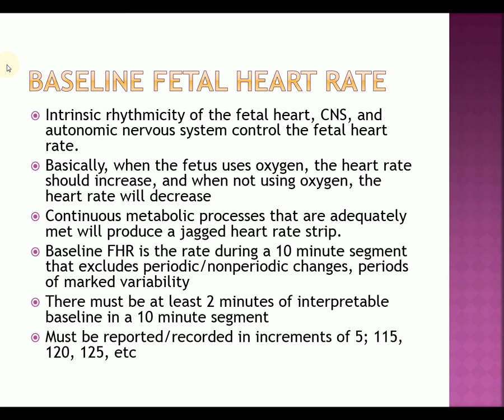Anything that is occurring other than the fetal heart rate is how we're going to determine that baseline. So you really want to have just the 10-minute segment that excludes any of those things. Periodic would be like a variable deceleration. Episodic would be if it occurs with something else, like a contraction. We can't use those as baselines.